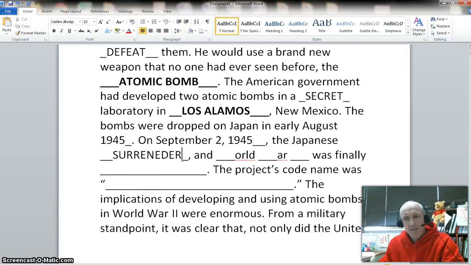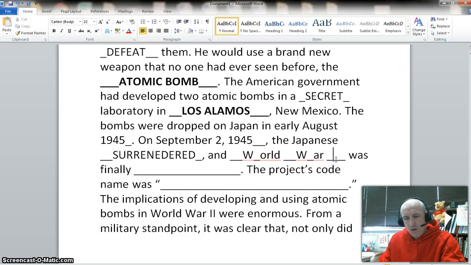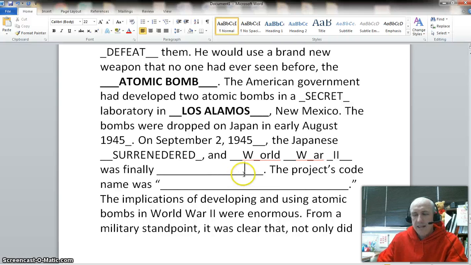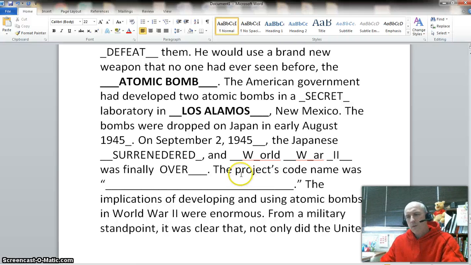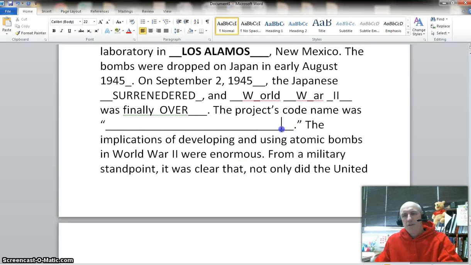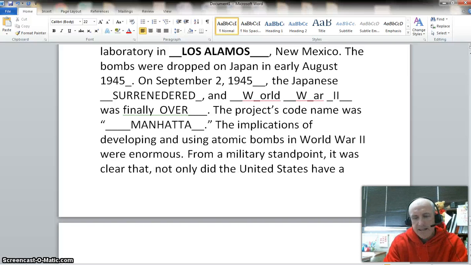And World War II was finally over. We first dropped them on Hiroshima, and then we dropped it on Nagasaki. The project's code name was, you need to know this, Manhattan Project.